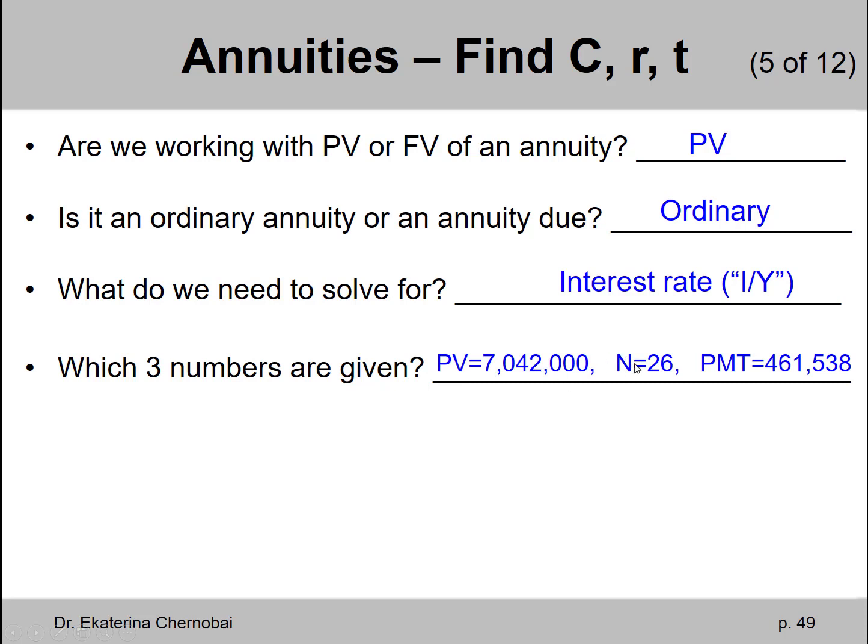Then the other two will be N, that's 26 future annual installments if you choose the second option. And the third number that is given is the cash flow amount, the annuity payment, or PMT in the financial calculator. That's the amount of each annual installment for the next 26 years.